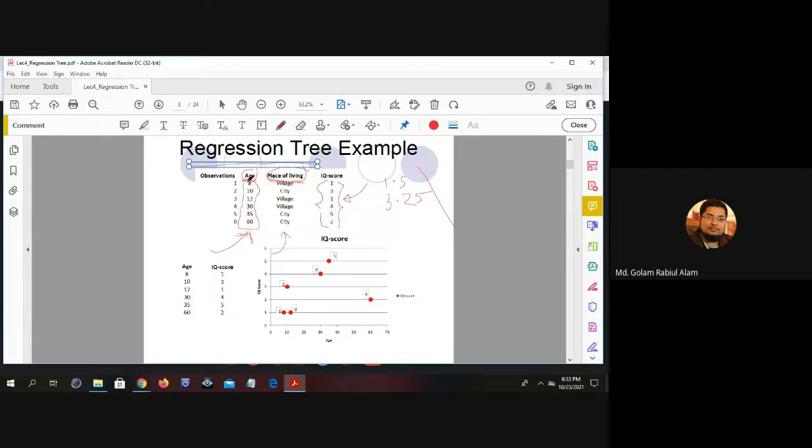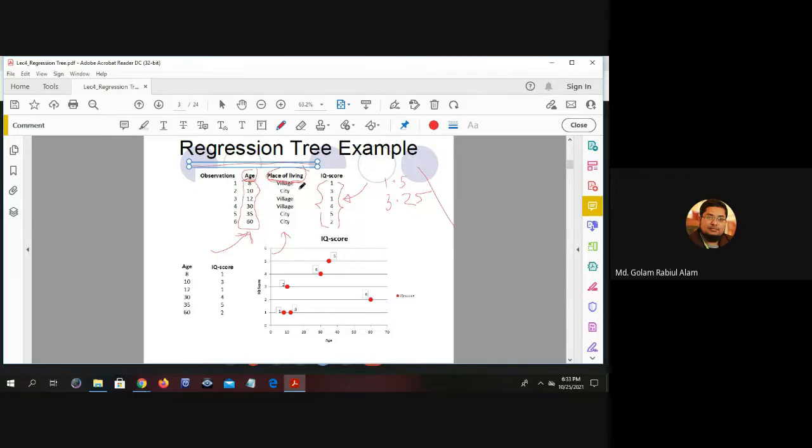If any data set has this kind of numerical value, then we have to think a little bit differently, even if we want to build a decision tree or a random forest.